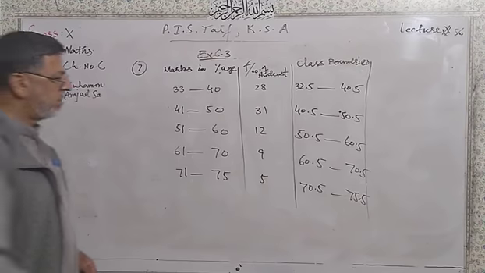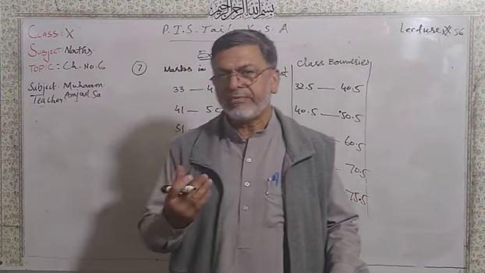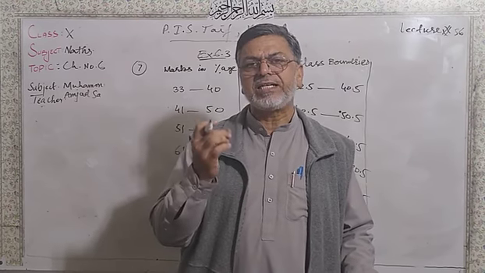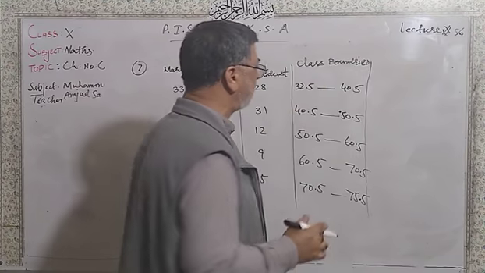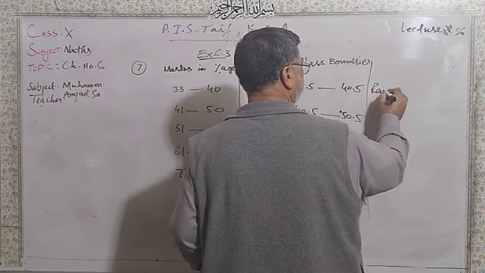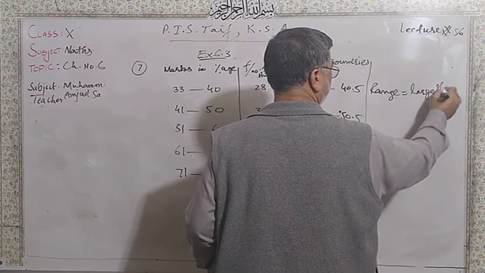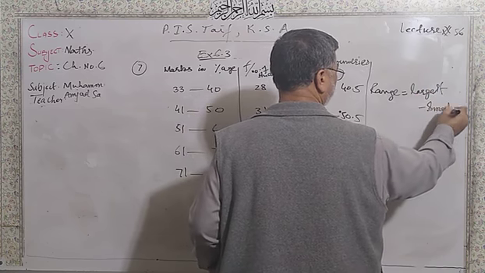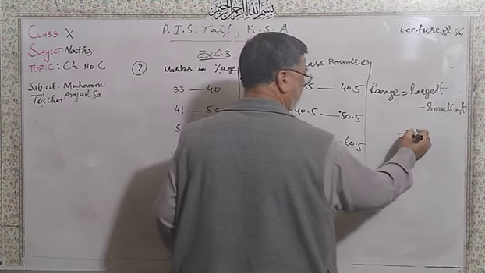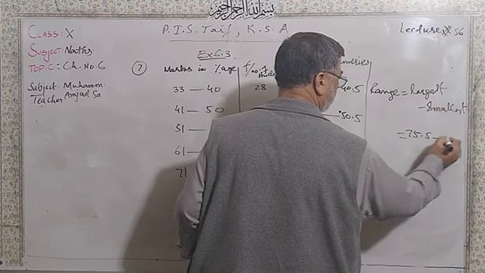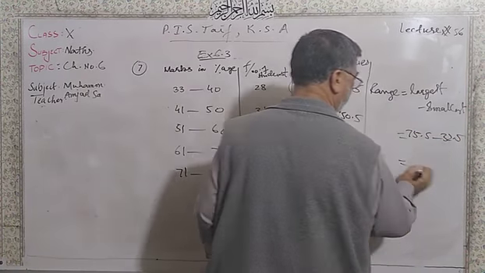Dear students, what is meant by range? You must understand what is meant by range. Range is the difference of the largest value minus the smallest value. What is the largest value? 75.5. And what is the smallest value? 32.5.